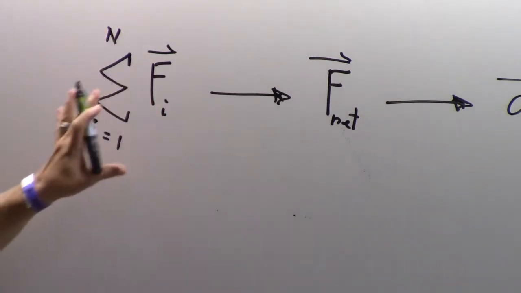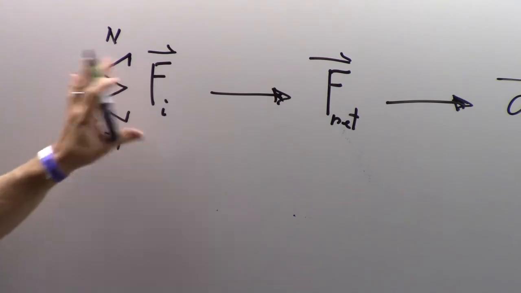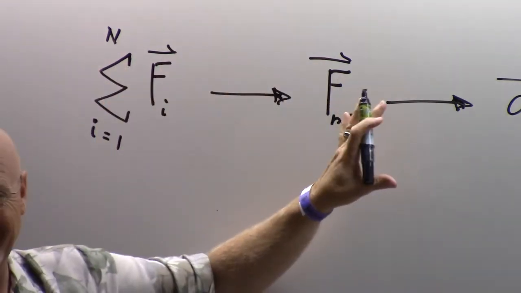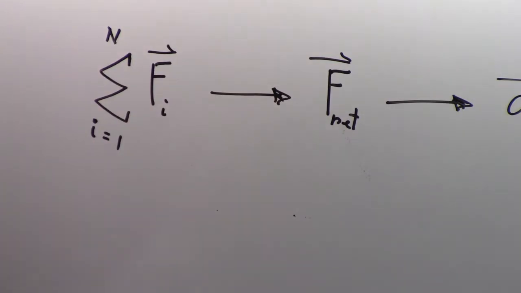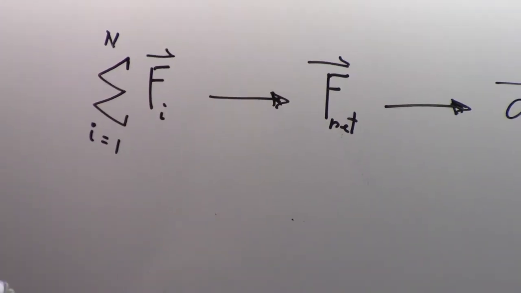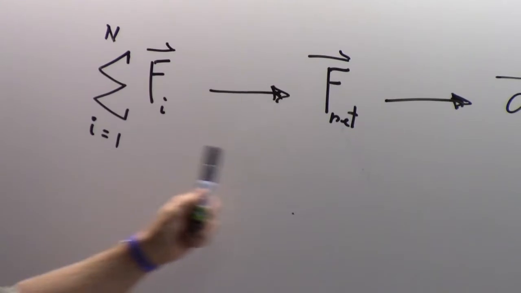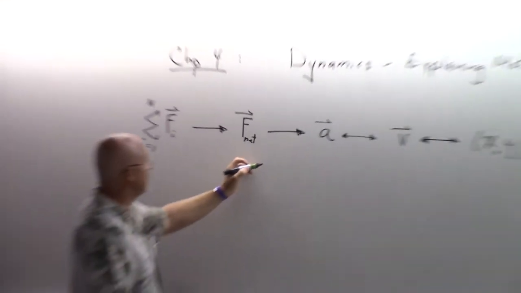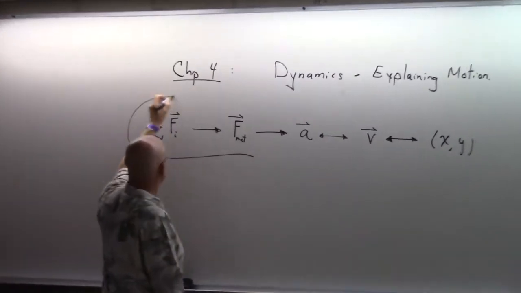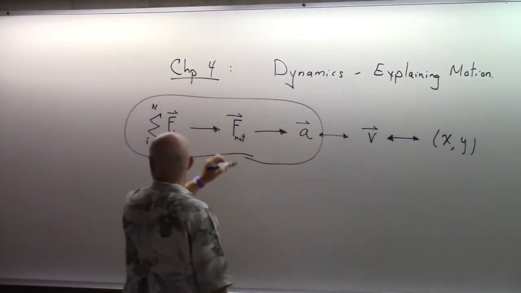The combination of all those forces is saying, what are all these forces equivalent to? What one force are all the individual forces equivalent to? So that is our big step. And so I like to kind of circle this and say this right here.